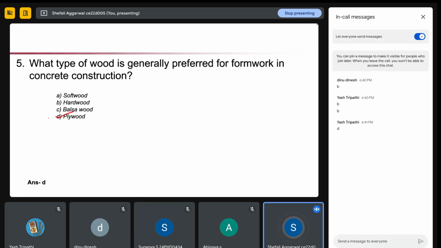Because as we discussed in the last slide of the overview, plywood is much stronger because of the multiple layers, one layer like this, one layer like this, one layer like this. So it will be much stronger and it won't absorb moisture as much as hardwood or softwood. That's why when we are using formwork, we will use plywood.